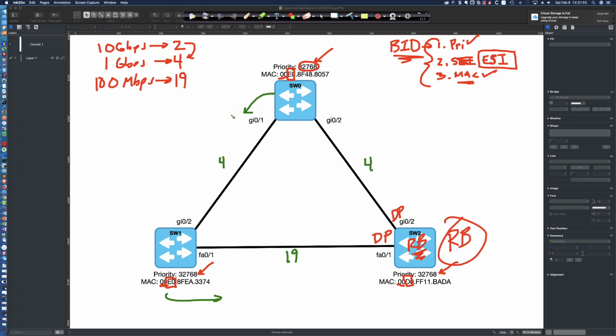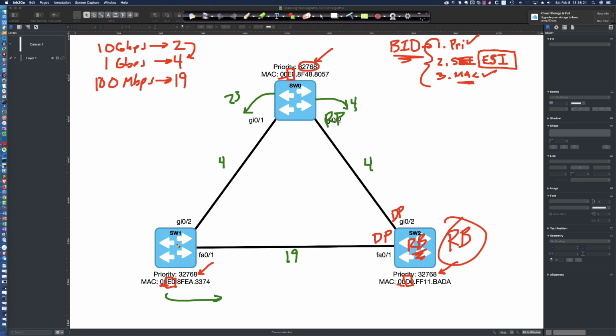So going to the left for switch 0, my cost is going to be 23. But I'm directly connected here with a cost of 4. So no question, gig 0/2 is my root port.